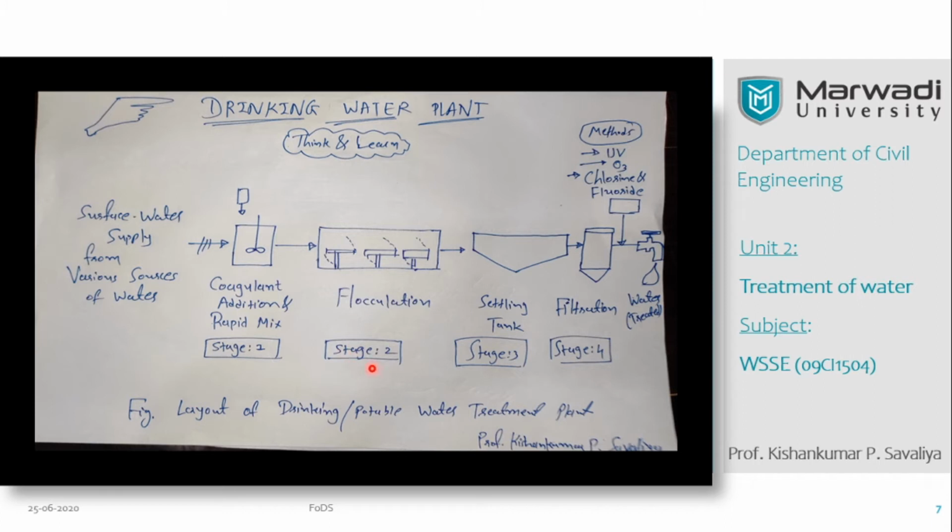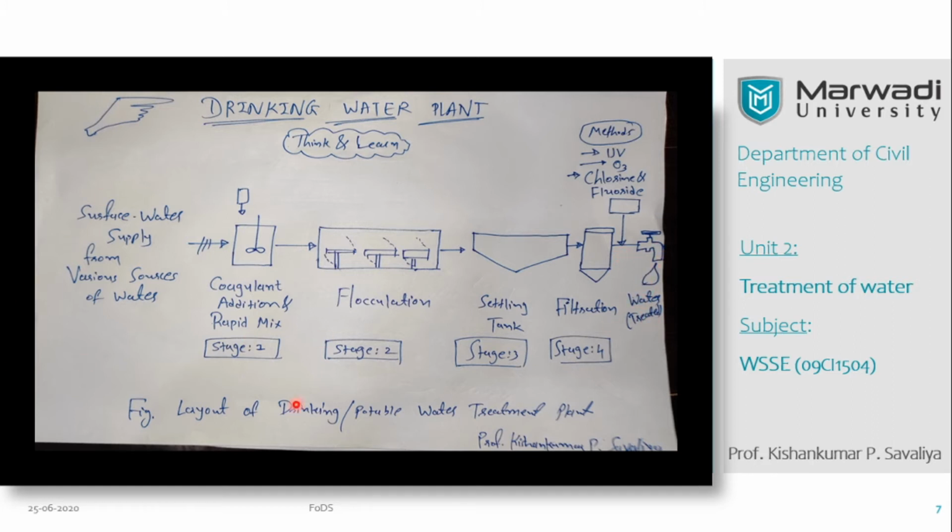Stage number 2, flocculation. Stage number 3, settling tank. Stage 4, filtration process. In addition to the filtration process, we are applying certain methodologies to treat the water. Which are these methodologies? UV rays, ozone, chlorine, fluoride, etc. And finally, you are getting the treated water.